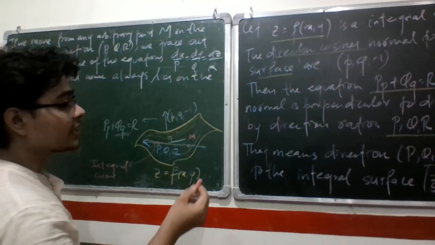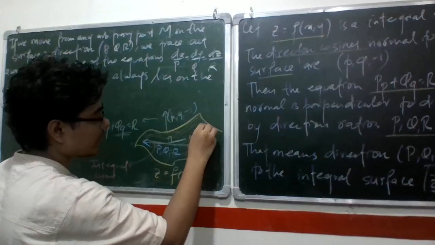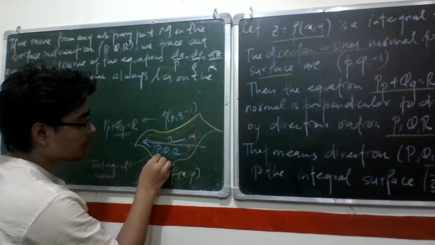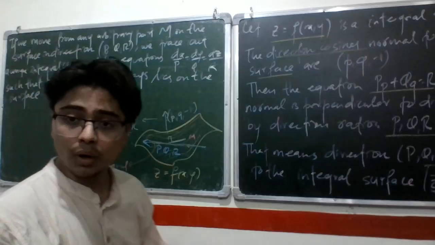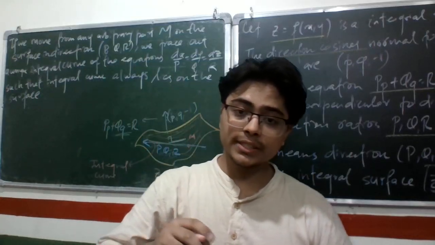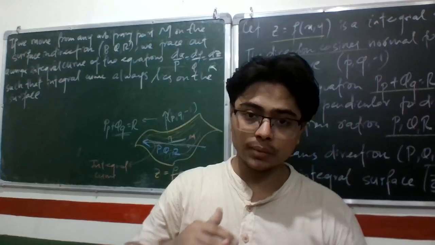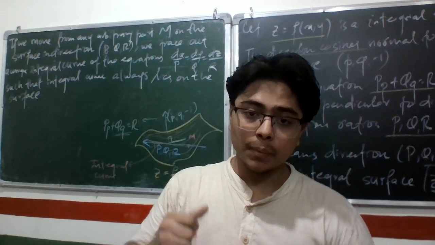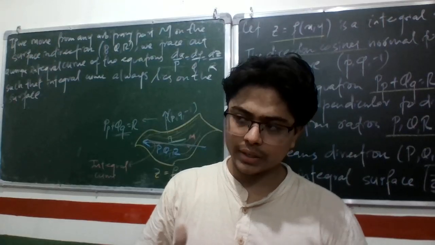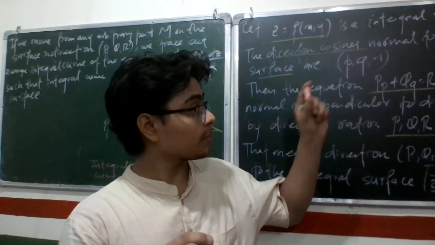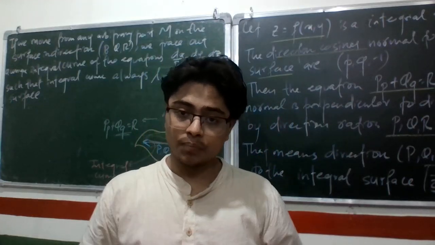And if we consider any point M on the surface and we go in the direction of P, Q, R, since P, Q, R describes the surface, these direction ratios are tangential to the surface.